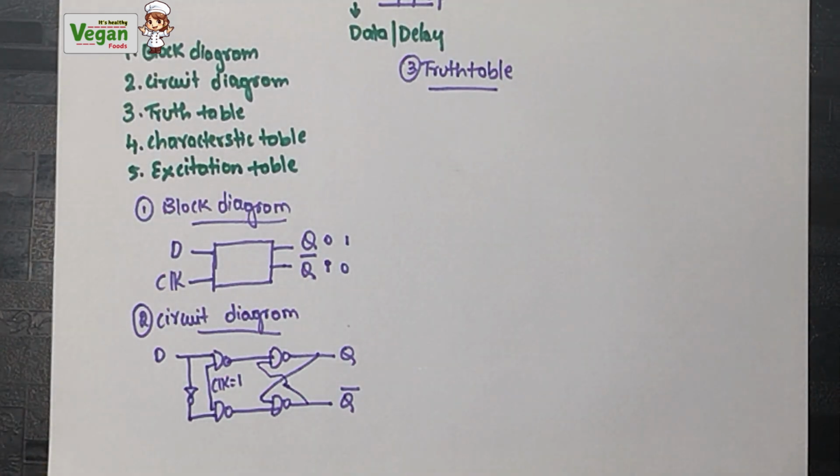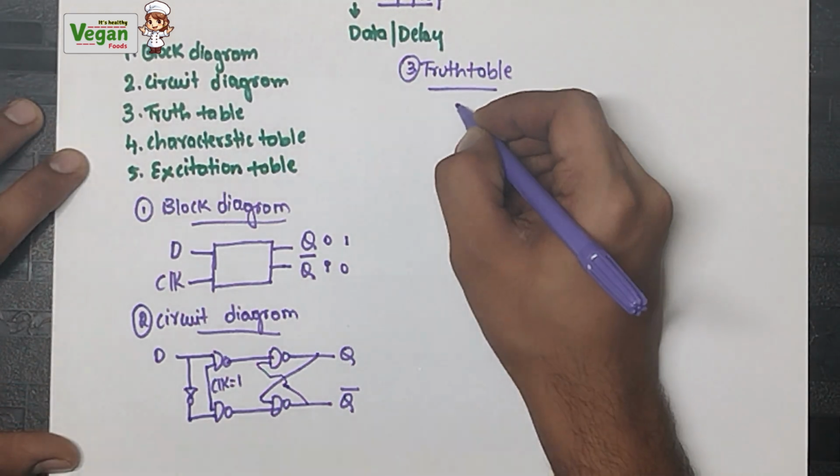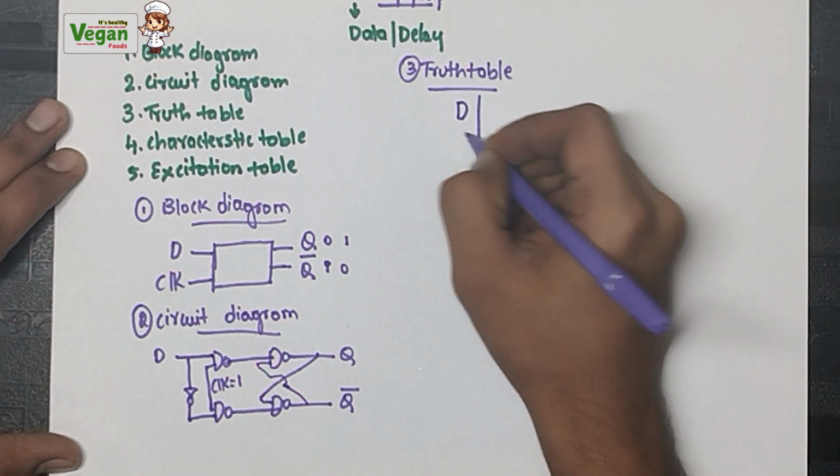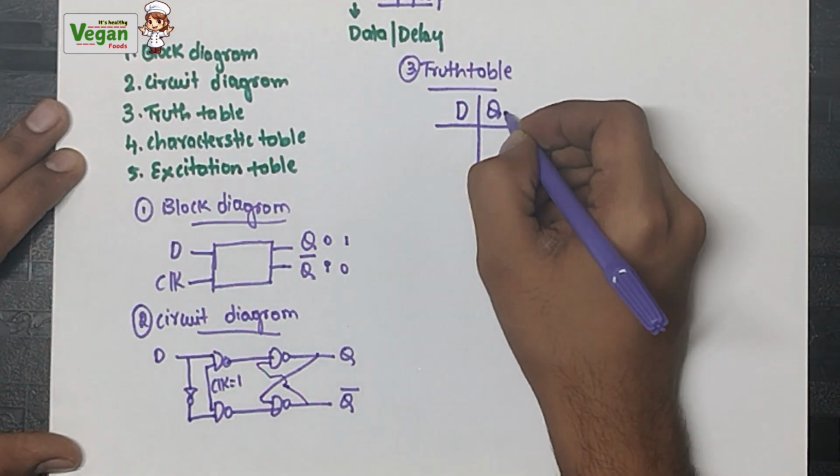Using this circuit diagram, we must write the truth table. While writing the truth table, we already know the clock value will not change, it will always be equal to 1. Since we add only 2 inputs and the clock value will always be 1, there will be only one single input and one single output.